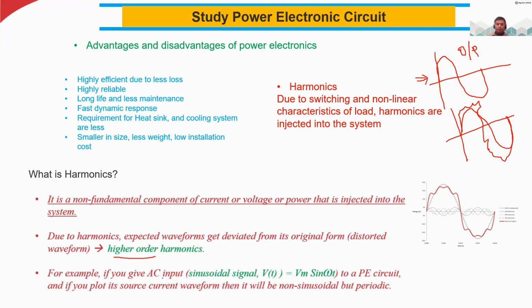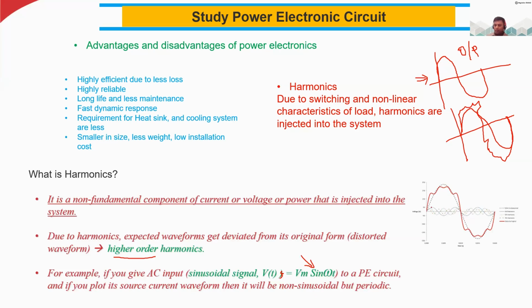For example, if you give an AC input, that is a sinusoidal signal, v(t) = Vm sin(omega t), which is the mathematical representation of a sinusoidal signal, and I apply it to a PE circuit, then if you plot its source current waveform, it will be non-sinusoidal but periodic.